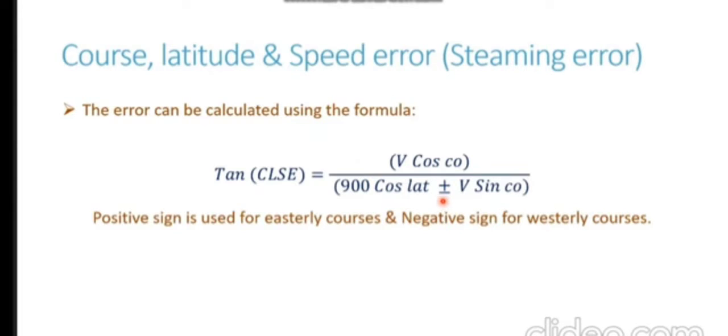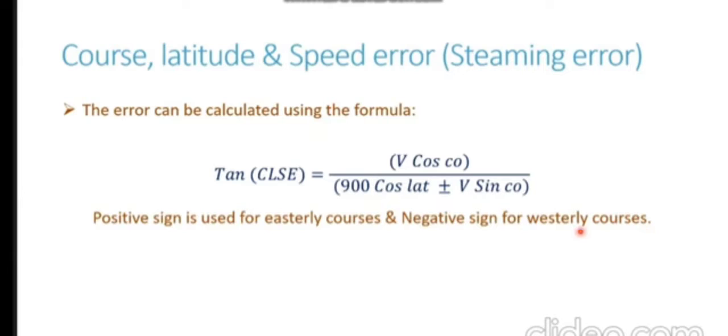And the negative sign is used when the ship is moving on a course having a westerly component. That means the ship is moving in the northwest quadrant or the southwest quadrant. So whether the ship is moving on an easterly course or a westerly course decides whether we will be using plus or minus sign in the denominator.